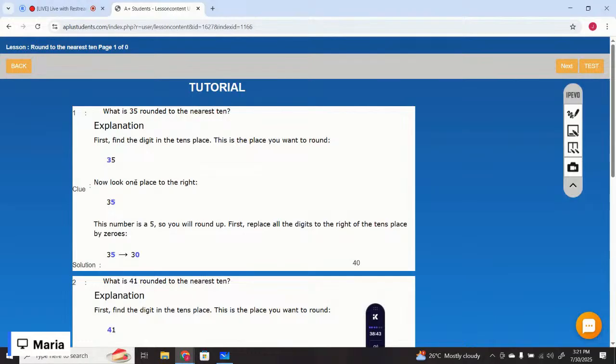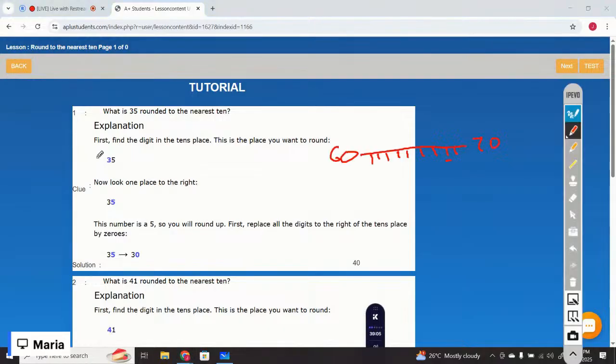Okay, estimate 35 to the nearest 10. So how do we estimate? We need to look at the tens digit, right? 3 is the digit that is at the tens place, and on the right hand side we have 5.